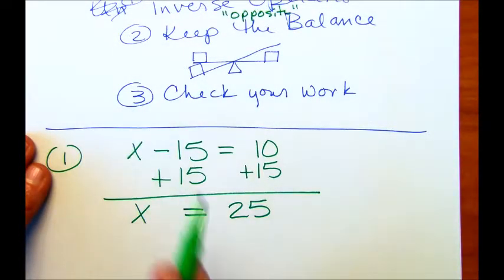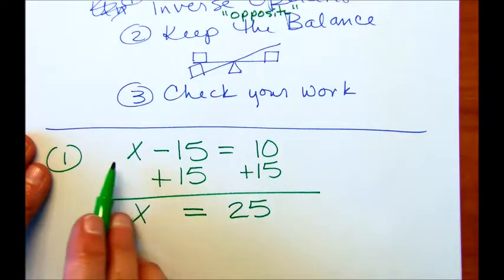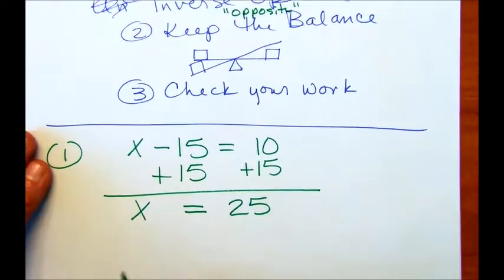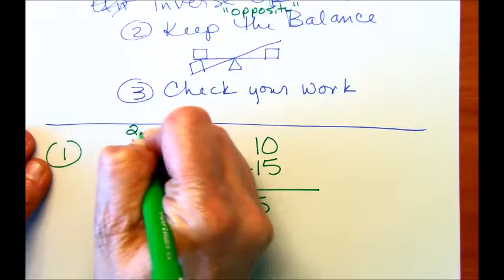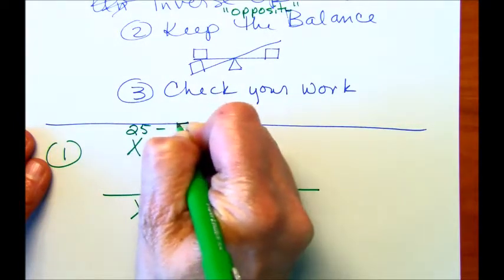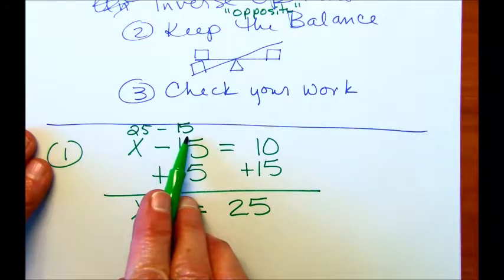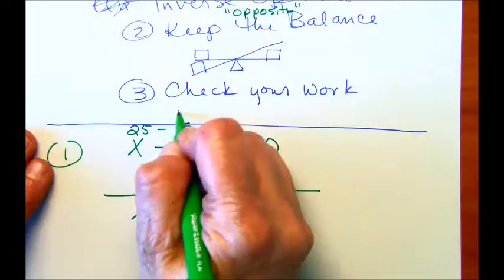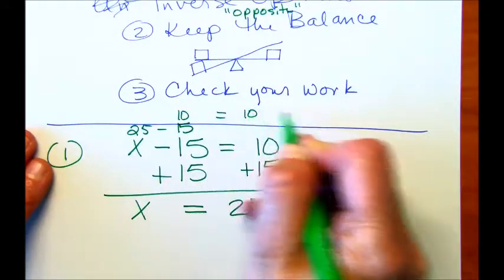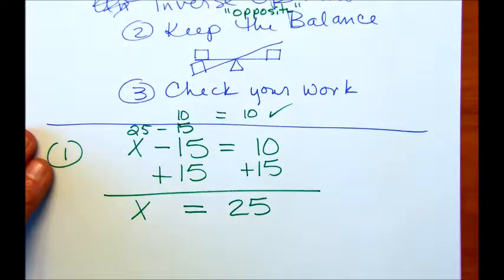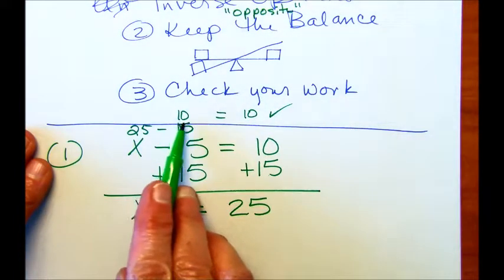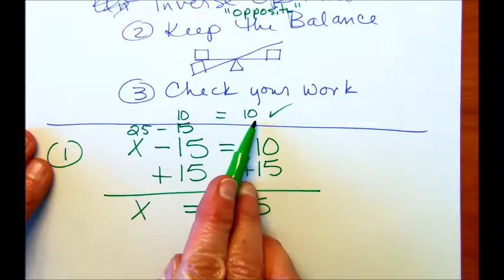That means I'm going to plug in that 25 whenever I see an x. So if I go 25 minus 15, well, 25 minus 15 is going to give me 10. So 10 equals 10, and that is correct. That's a true statement. Both sides show the same value.